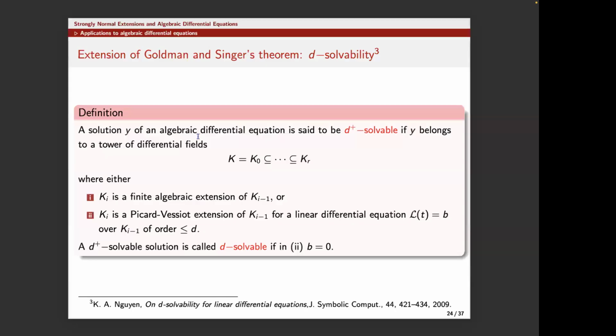So basically, D-plus solvable means you can have an inhomogeneous equation of order less than or equal to D, but in D-solvable, only homogeneous equations are allowed.